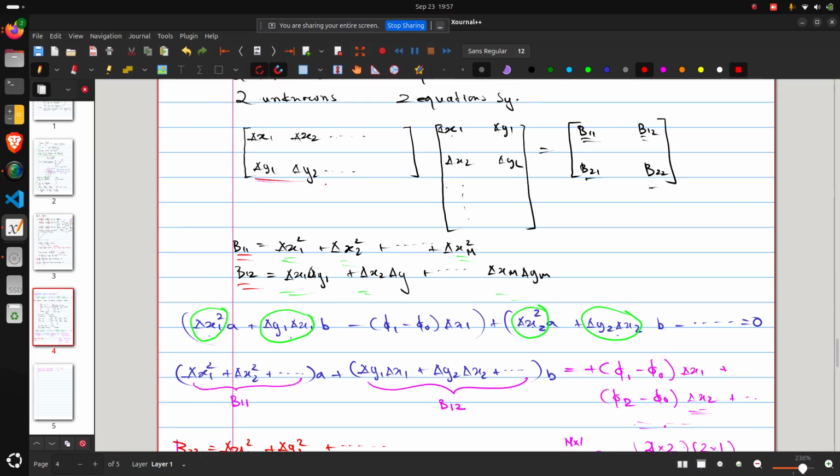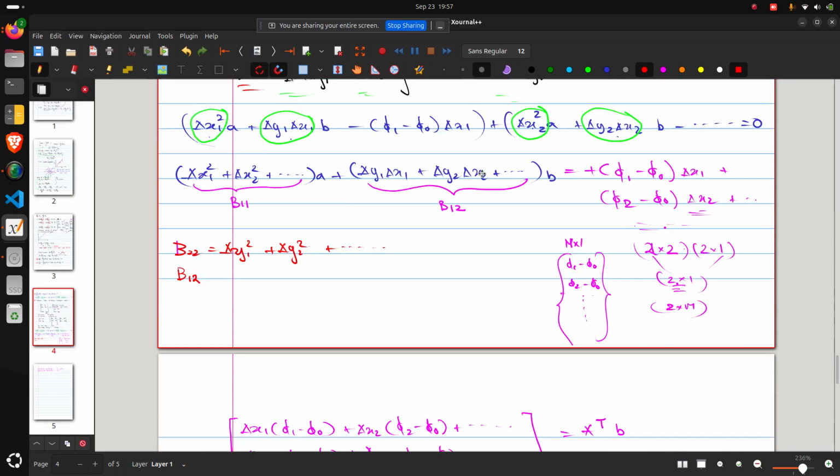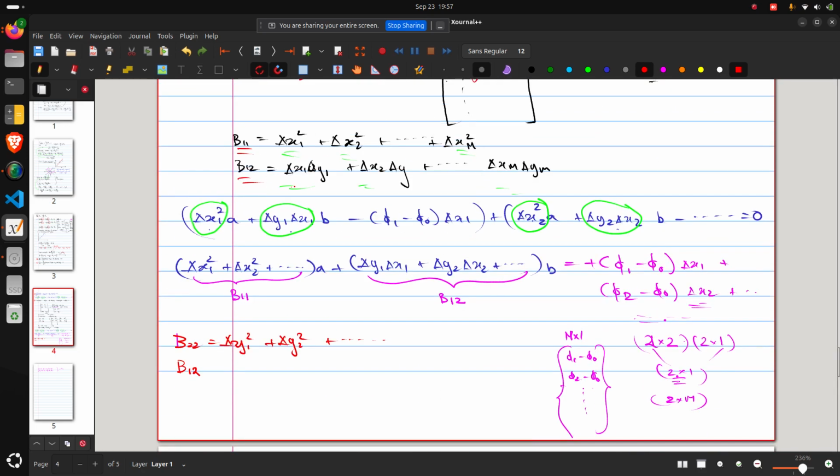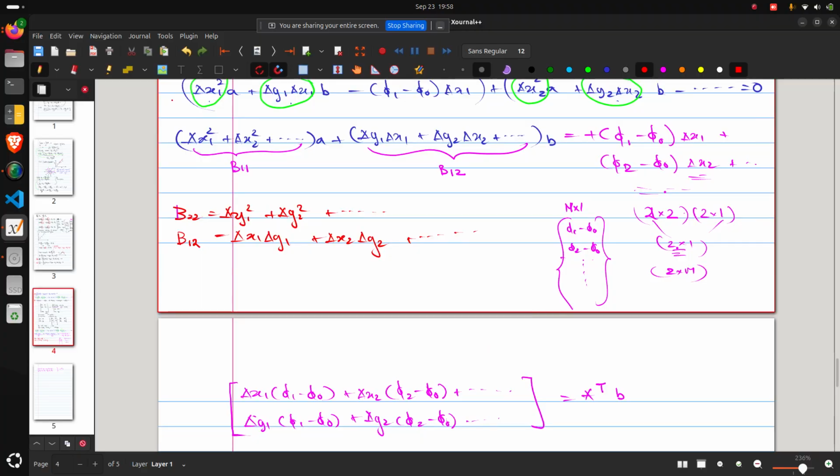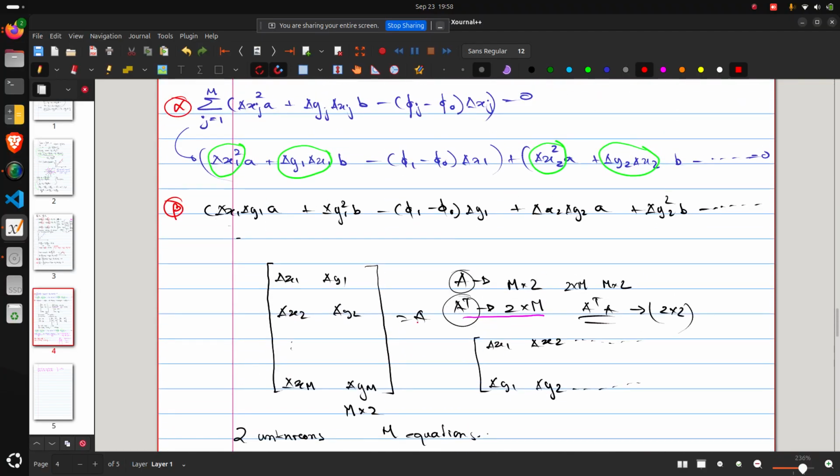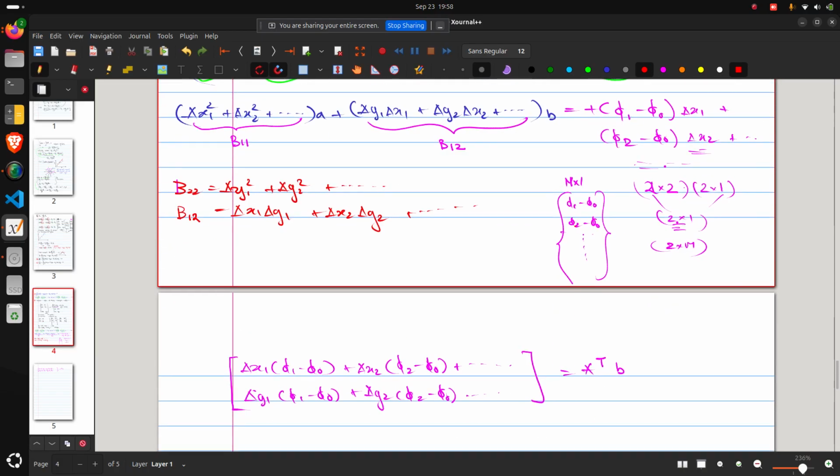B21, B12 is nothing but this row times this column, right. This is same as the B12 that we got here, and this is nothing but delta x1 delta y1 plus delta x2 delta y2 and so on. And now again looking at equation beta, we get a similar form, right. Equation alpha we found out.